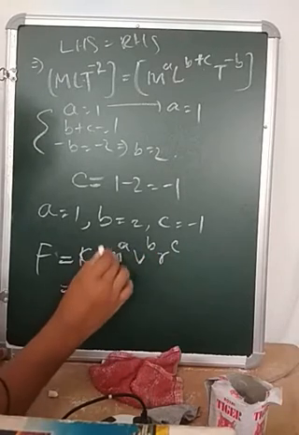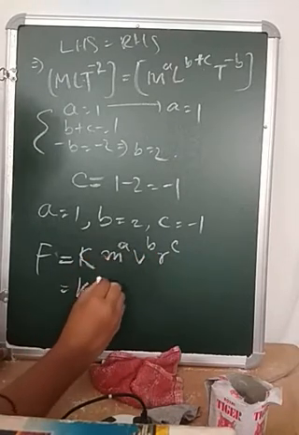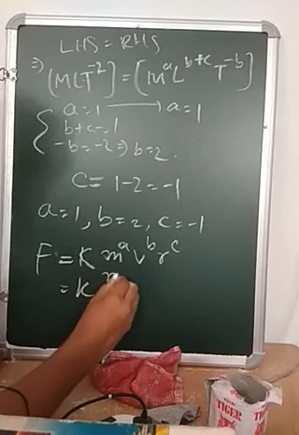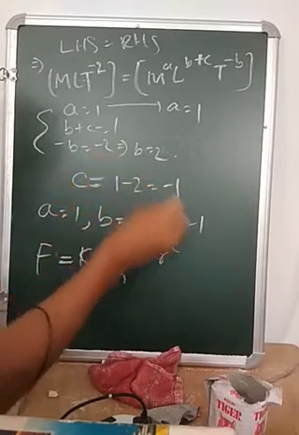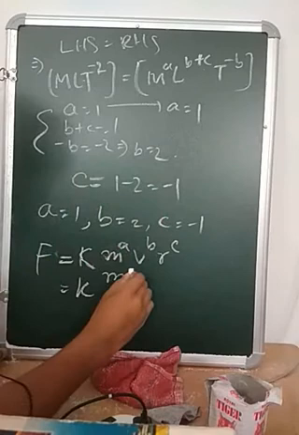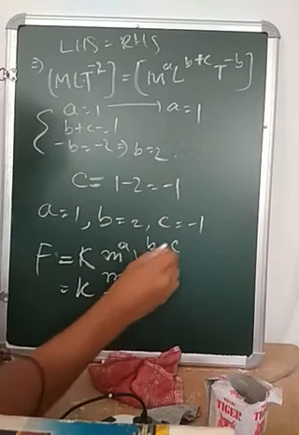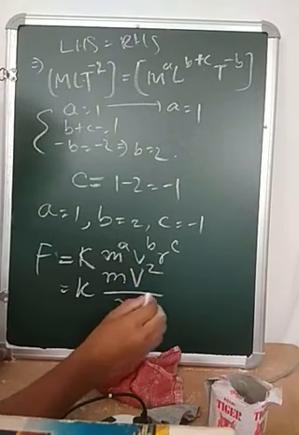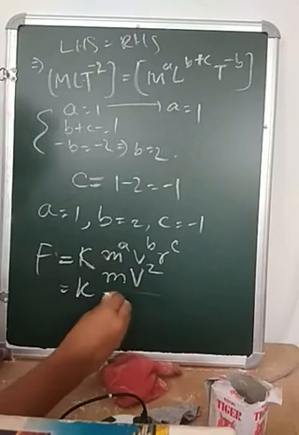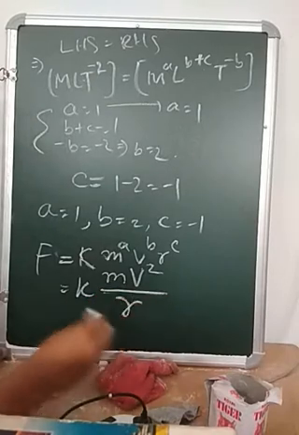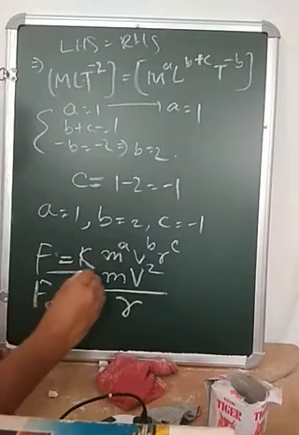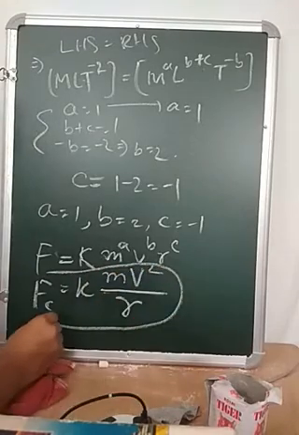If we write the values of a, b, c, what will it be? m is m to the power 1, v to the power 2, and r to the power minus 1. So r to the power minus 1 is the inverse, 1 by r. So this is the centripetal force.